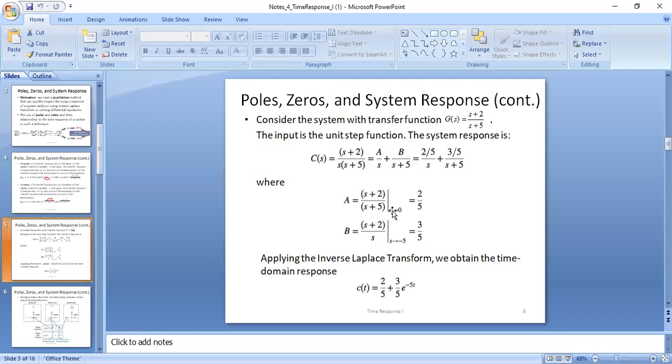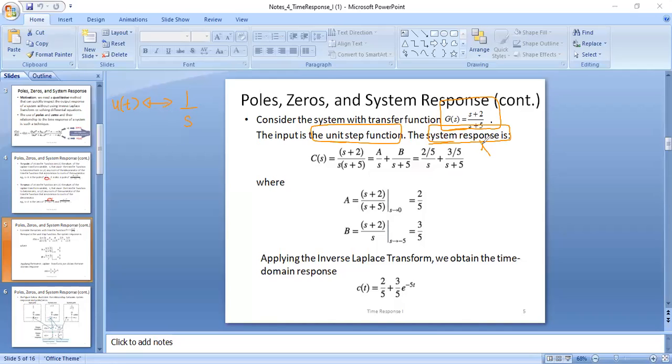Yeah. Okay, let me give you one thing more. In this question, you have been given G of S, and you have been given that your input is unit step function. What means unit step function? Unit step in the S domain is 1 by S. You have to find system response.